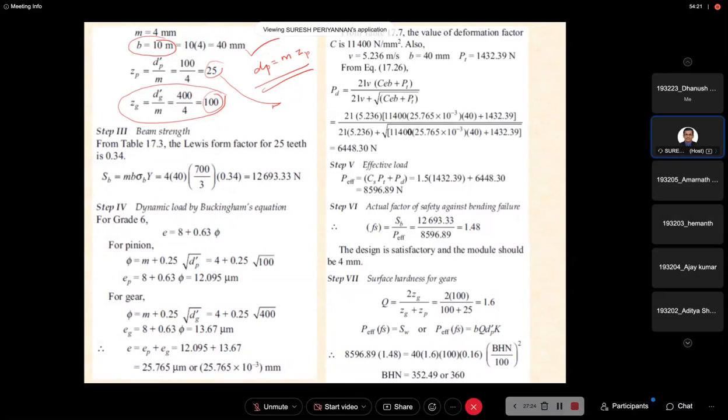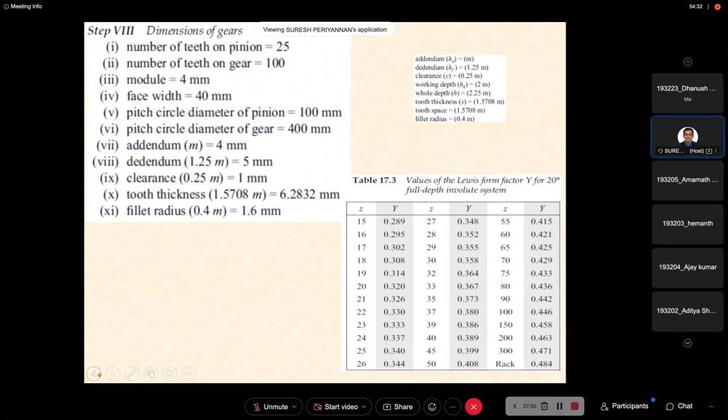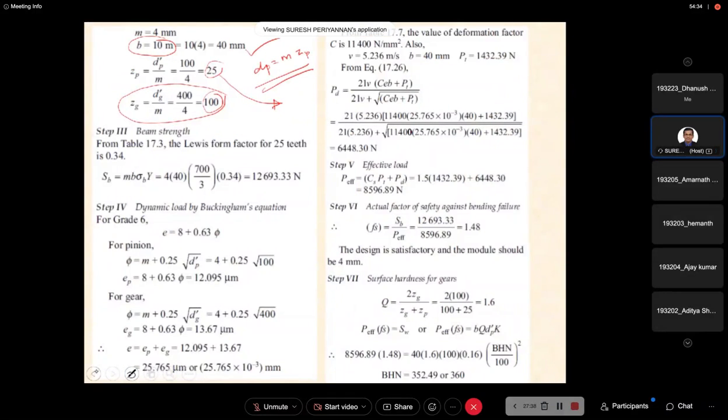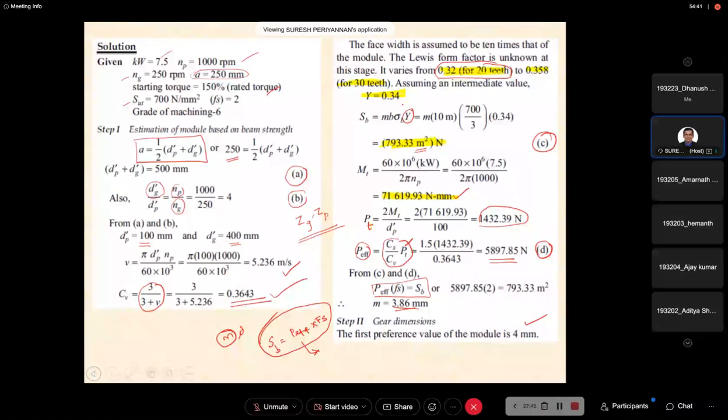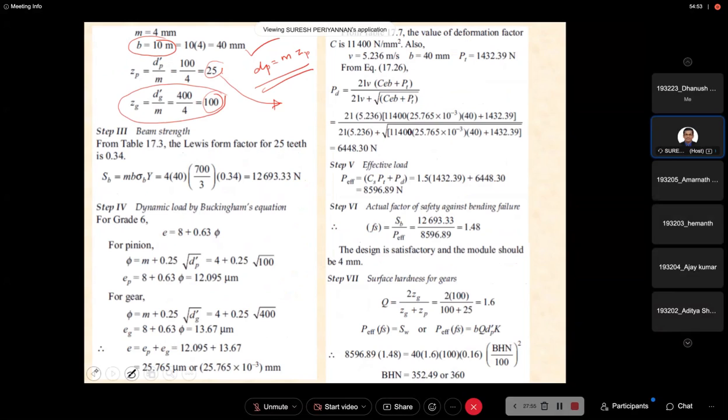Now you verify this value for Lewis form factor at 25. Just verify the table, and you will see that the Lewis form factor is satisfied with our 0.34. This is corresponding to 25 teeth, because we have taken the average. But whatever, finally we have found it, finally based on the module.